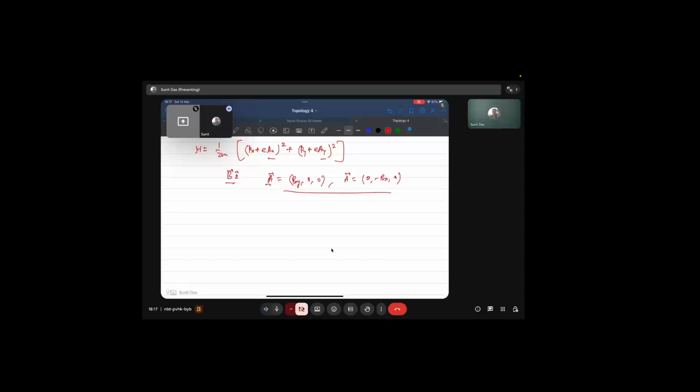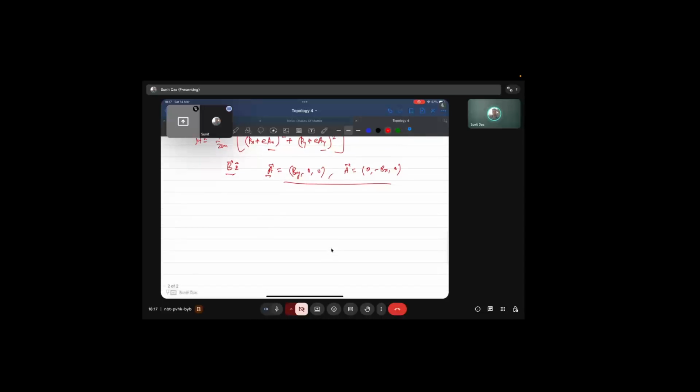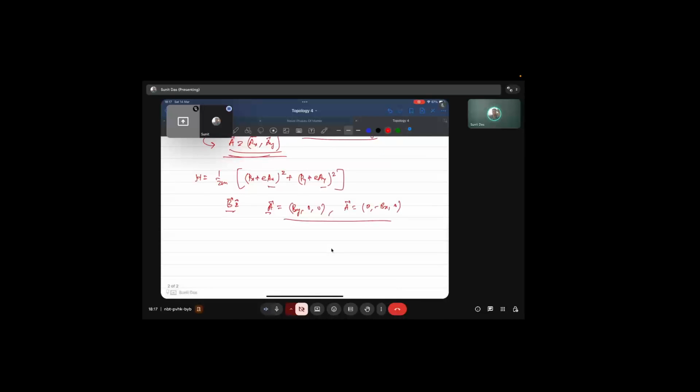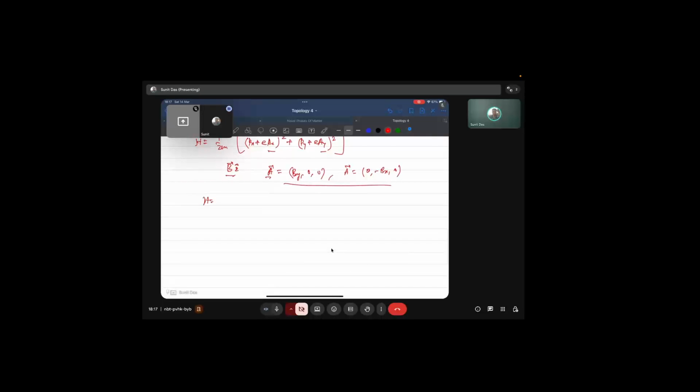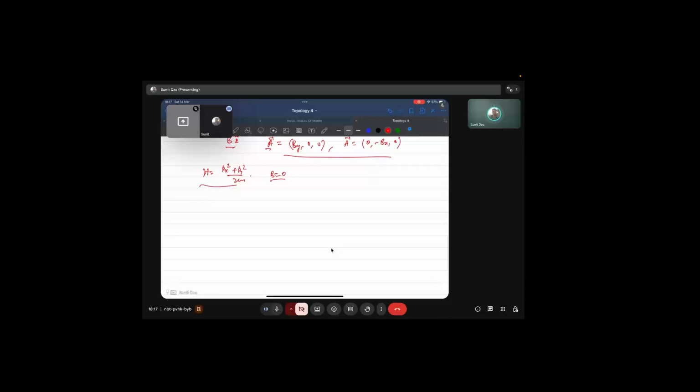Okay. Now imagine we are trying to derive it in terms of the general form of Ax and Ay. Initially, if I have this Hamiltonian, we have P square by 2m, right? In the absence of a field, when B equal to 0, this Hamiltonian is translationally invariant.